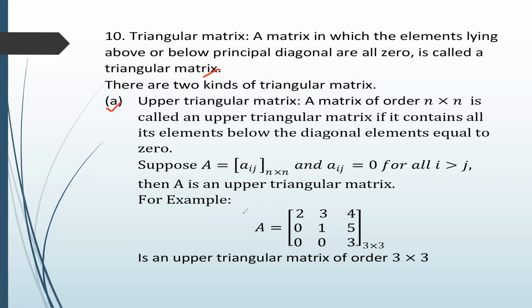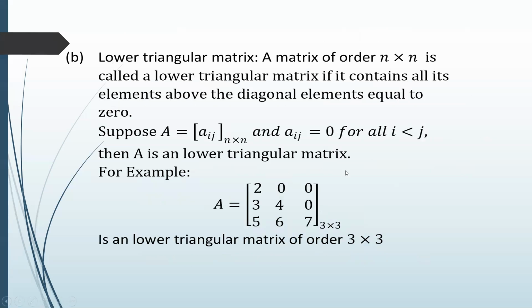Okay, it means if we have a matrix like that, here this is the diagonal. Here the elements below this diagonal are 0. So we say that this is an upper triangular matrix. Okay, so is that clear? Now we go for the next, lower triangular matrix.